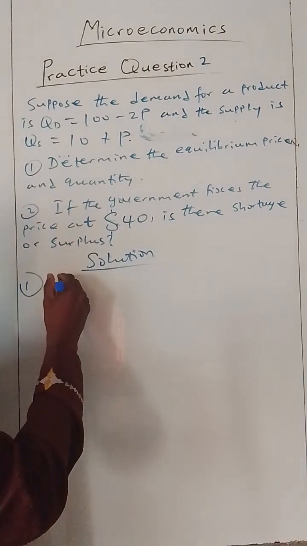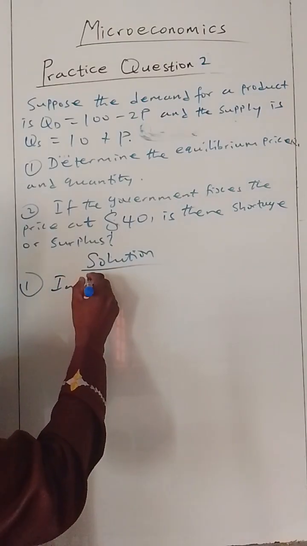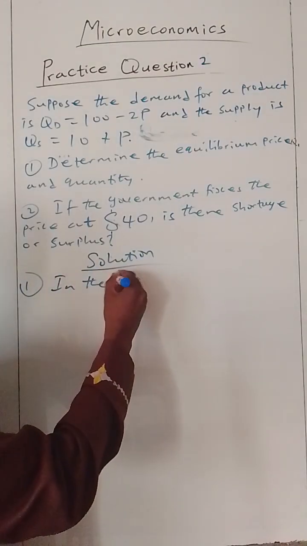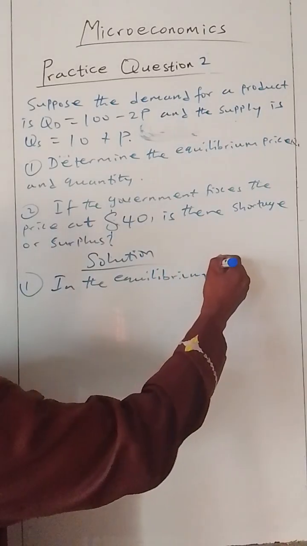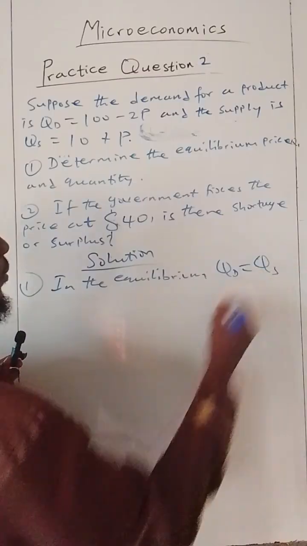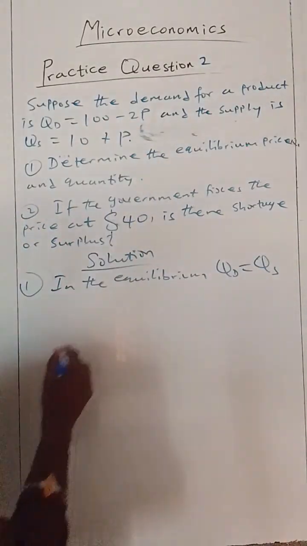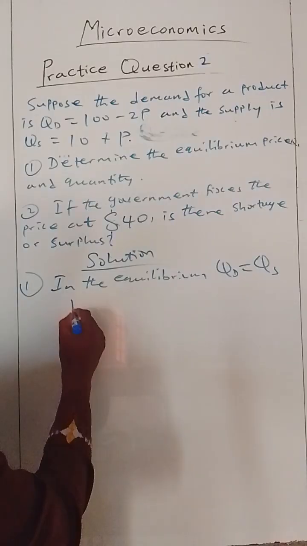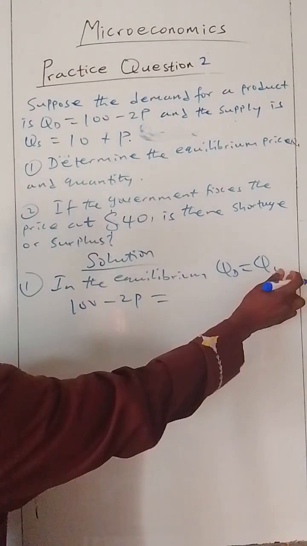Okay, you recall that in the equilibrium, QD will be equal to what? QS. So in other words, what is the QD here? The QD here is 100 minus 2P equal to QS.